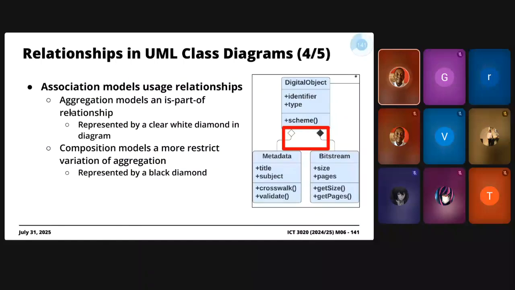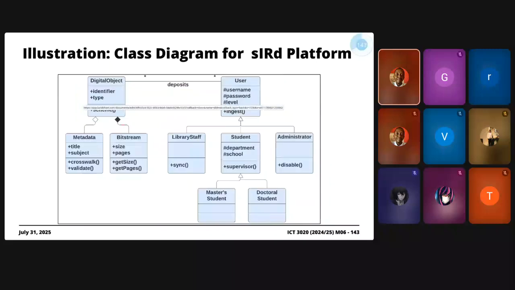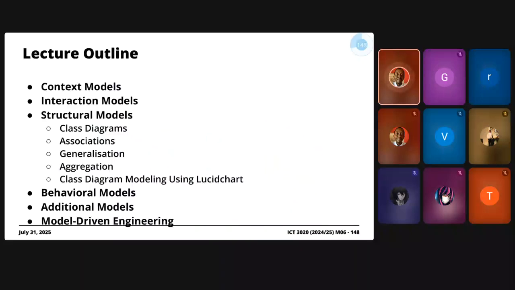So you can model all of these different things, including the multiplicities that indicate a specific number of objects associated with that class that are linked to the other class. So we're saying many users can deposit many objects, for instance. Ultimately, you're putting everything together so that you have something comprehensive, with aggregation, generalization, composition, the multiplicities, and the like.